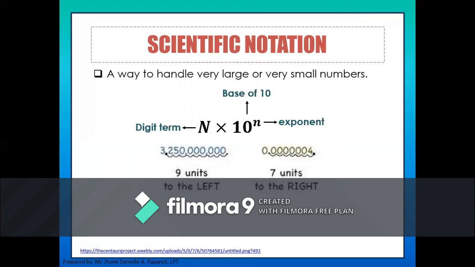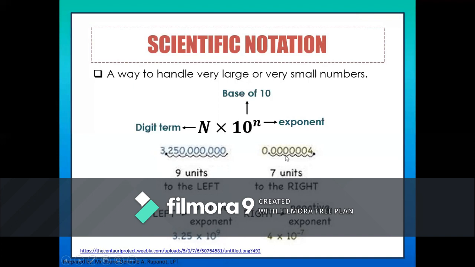So what is the meaning of this movement? Okay. Now, if you move from right going to left, it gives you a positive exponent. If you move from left going to right, we have a negative exponent. So that's the reason why you've noticed that the scientific notation form of this particular number is 3.25 times 10 raised to 9.